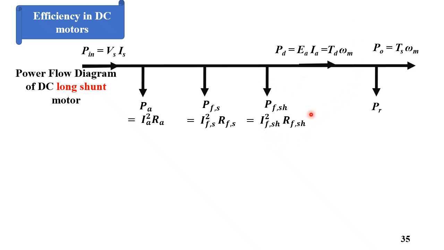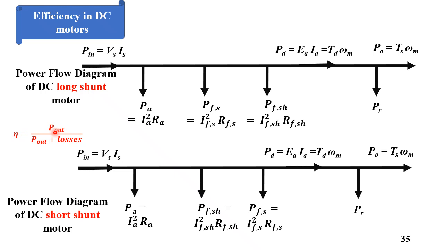After subtracting these copper losses, we obtain the power developed, which is EA times IA, or torque developed times omega. The rotational losses are subtracted from the power developed, and we obtain the power output, which is torque shaft times omega.